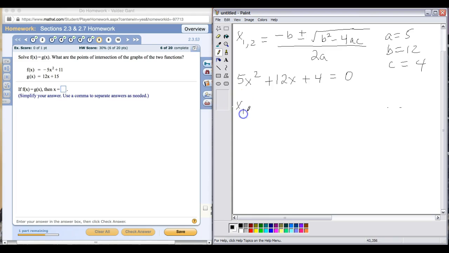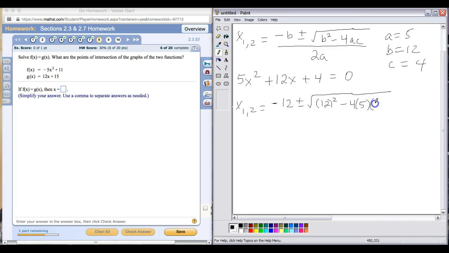So we'll say x 1, 2 equals minus b, which is going to be 12, plus or minus, and then b, which is 12 squared, minus 4a, which is 5, and c, which is 4. I thought I was going good there without messing up some 4s. See, that went away quickly.